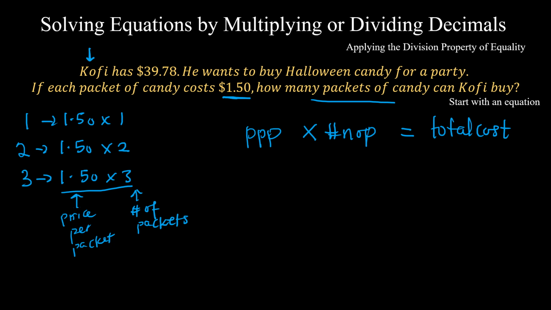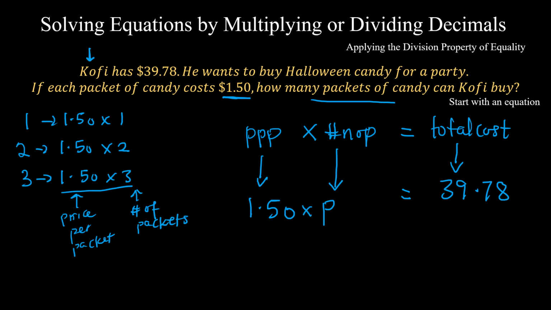So Kofi has $39.78. So that's going to be his total cost because that's what he has to spend. He might have some left over if he's not able to buy a full packet. If each packet costs, so our price per packet is $1.50. And the number of packets we don't know. So we're going to replace this with a variable. Let's say it's P for number of packets.